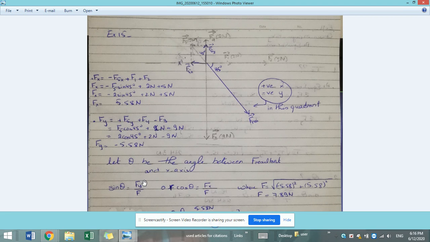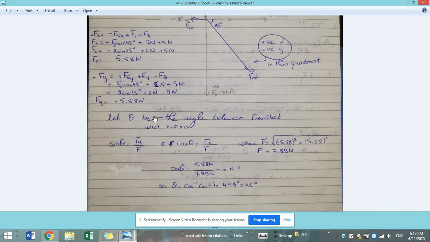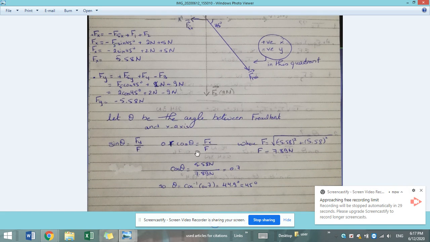And having fy, f we can calculate by using the rule radical fx squared plus fy squared. So having fy and f, we can now find sine theta, or we can use cosine theta, which is equal to fx over f, and we get the answer.